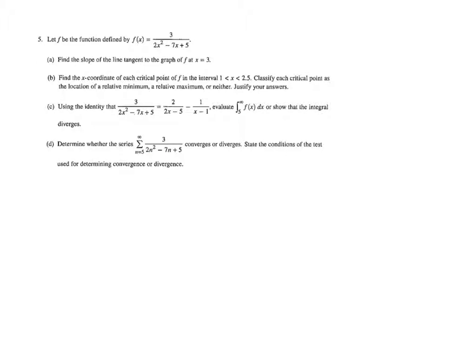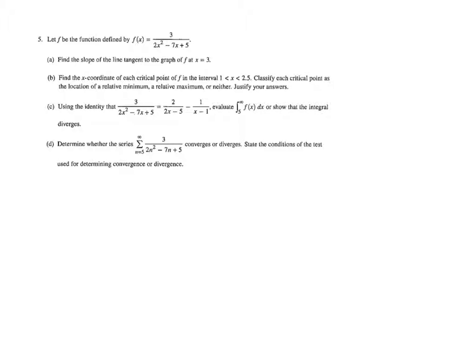It could have been BC even without that, because notice what they did in part C: they took this expression and used a partial fraction decomposition, and they actually gave you that partial fraction decomposition instead of you having to locate it and do those calculations.